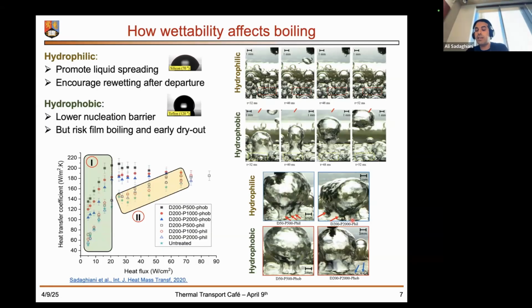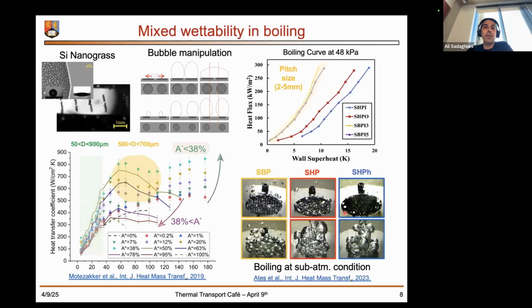I also wanted to say that there are some differences in the vapor column shape for hydrophilic and hydrophobic surfaces, and different types of instabilities we observed and reported. So the idea behind mixed wettability in boiling is to have, for instance, superhydrophobic islands to facilitate the boiling inception and a hydrophilic background to facilitate the surface wetting, or surface re-wetting, I can say.